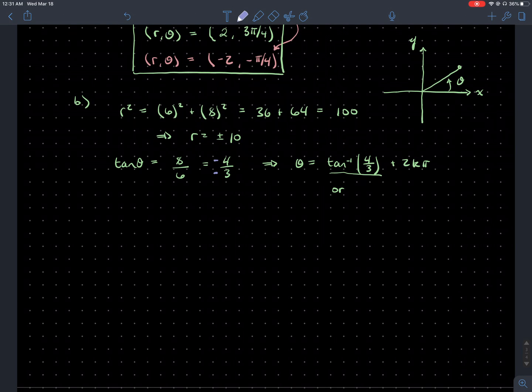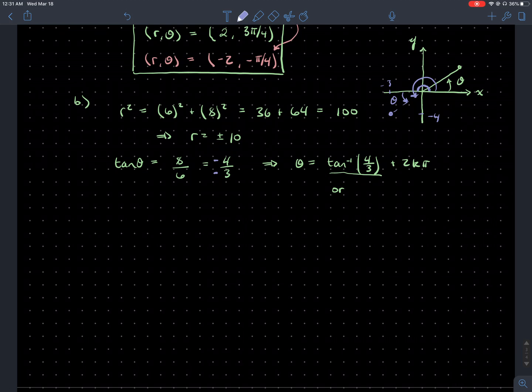Which will end up giving us a positive in the long run. So we'd have a negative 4 right here and a negative 3 right here in order to get right here. Keep in mind that this is still theta right there. And so we're going to call this entire rotation pi plus some theta.